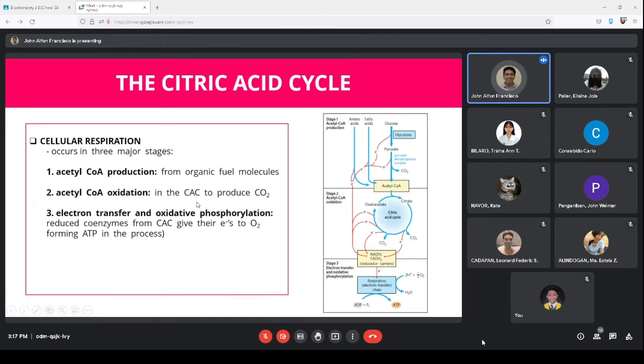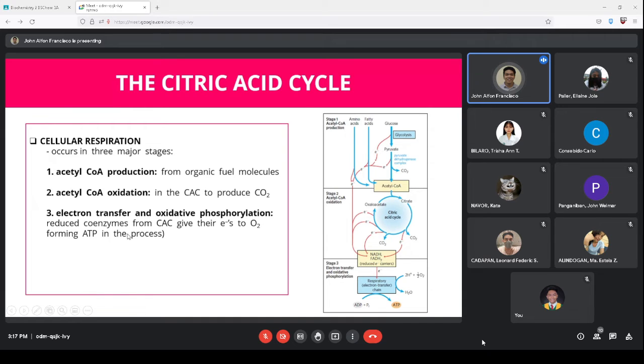With this citric acid cycle, you produce carbon dioxide and NADH, FADH2, which are the reduced electron carriers. These reduced electron carriers will participate in electron transfer and oxidative phosphorylation. They are the components needed to produce energy within this system. Okay? And that is stage 3.